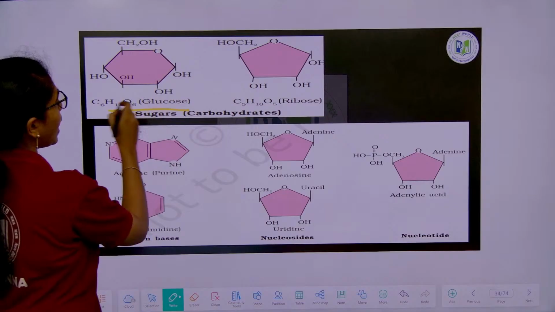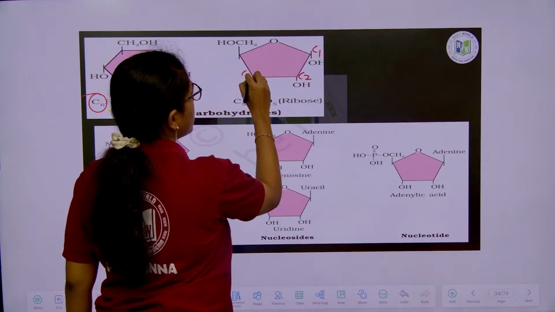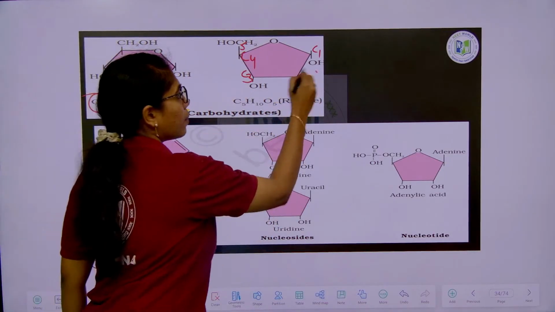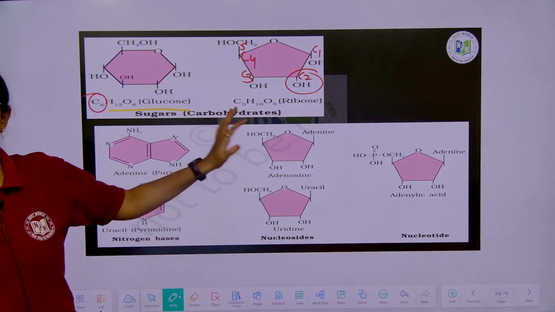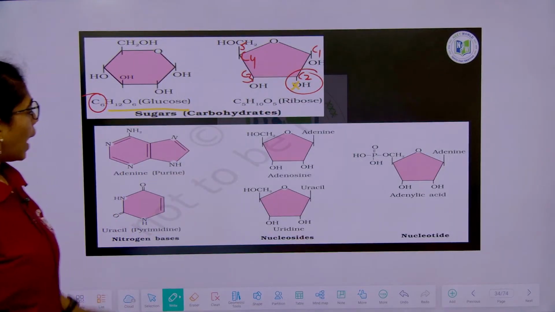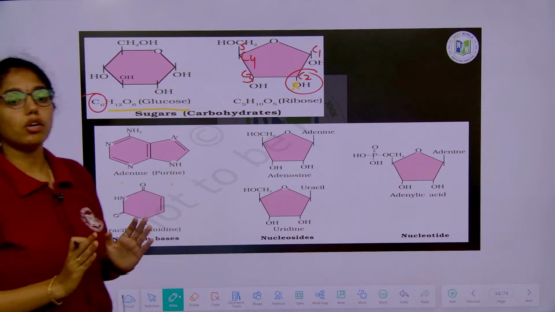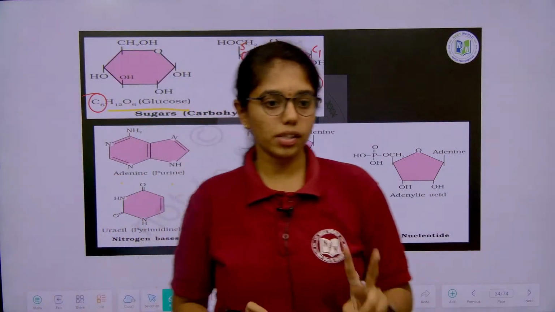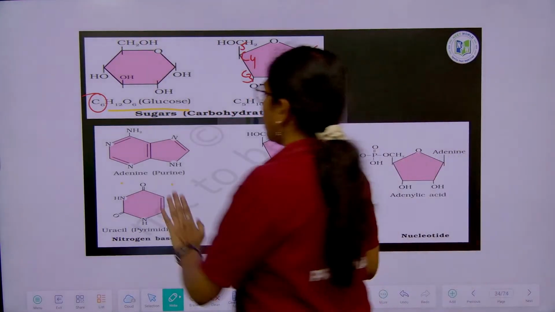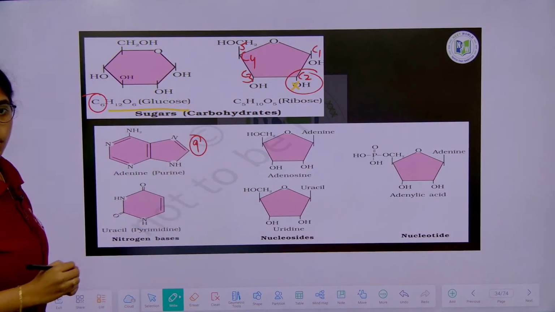Glucose has six carbons. Ribose has five carbons, C1, C2, C3, C4 and C5. At the second carbon you can see the oxygen group, so this is ribose sugar. If this oxygen is absent, then it is deoxyribose sugar. And here you see the nitrogen base. Purines are heterocyclic. They have two rings, and nine atoms in the ring system.